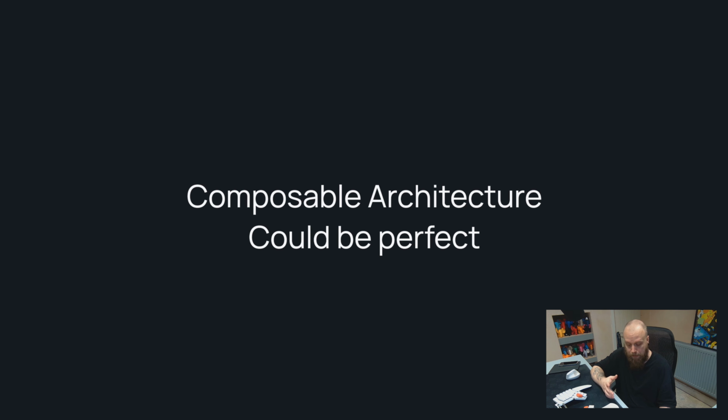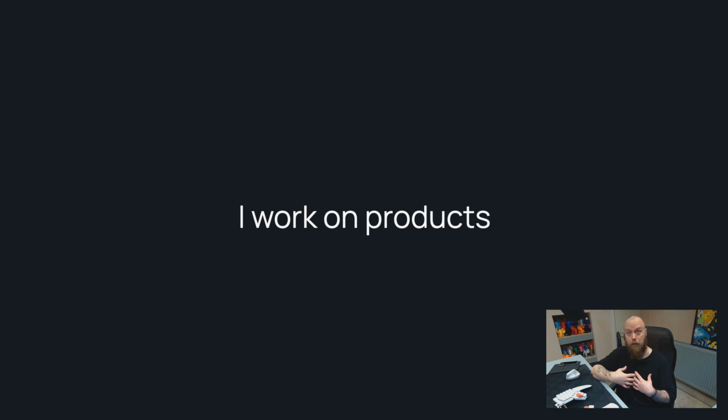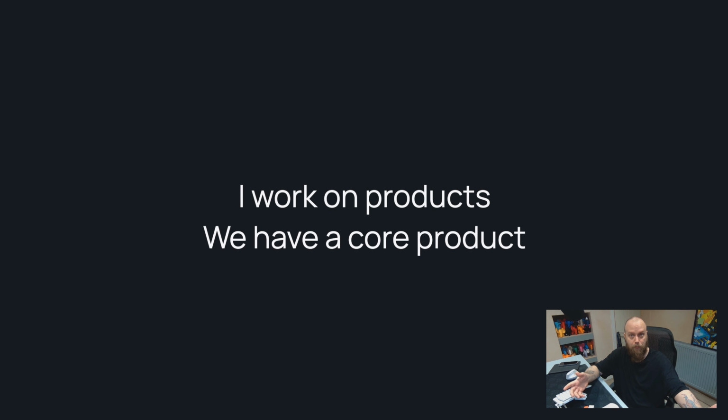Let me tell you the story. So, I work on products. I've worked on products for so many years, SaaS applications. I've been building SaaS apps probably since before there were SaaS apps. And where I am right now at Treble, we've got a core product, which is Treble. And what it does, it monitors and observes your API. You tell us what's going on in your API.